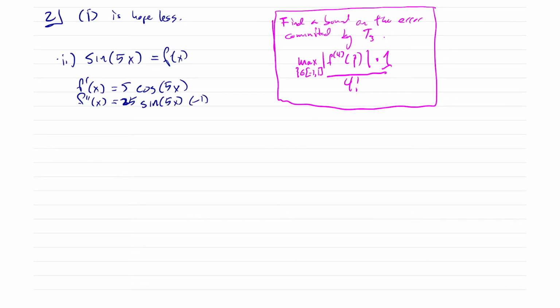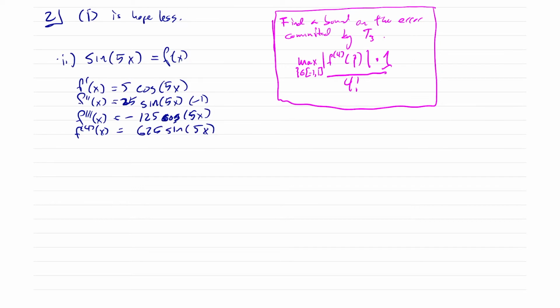Then f triple prime of x is equal to minus 125 times cosine of 5x, and the fourth derivative is going to be 625 sine of 5x. The fourth derivative of sine should give you sine back, but then we just have these numbers accumulating by the chain rule.